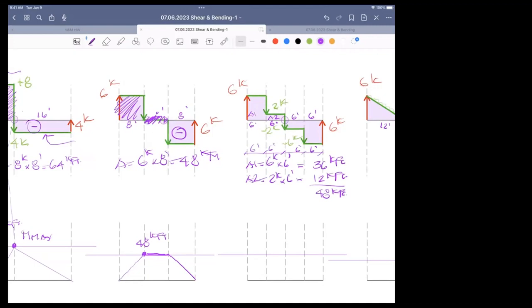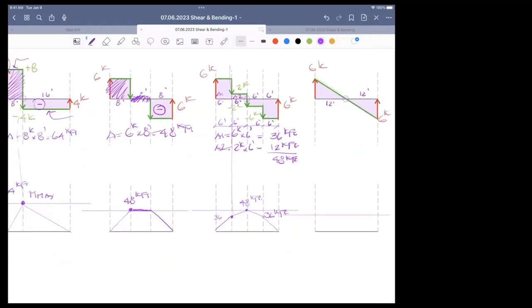So shear is the sum of areas to the left. Bending moment is the sum of areas in the shear diagram to the left. So it looks like 36 here, and then 48. Rise to 36, continue to 48, come down to 36, come down to 0. So there's the moment diagram.